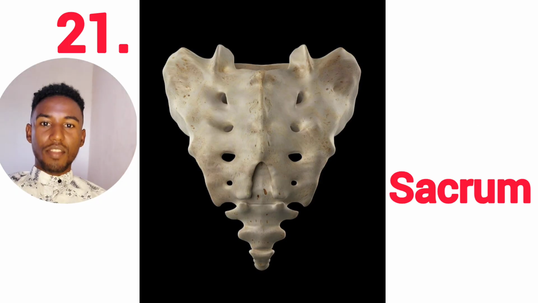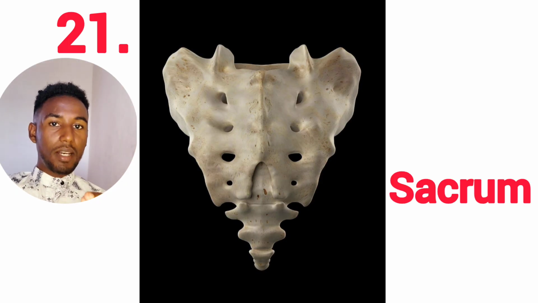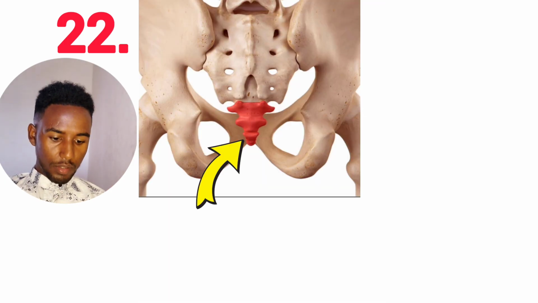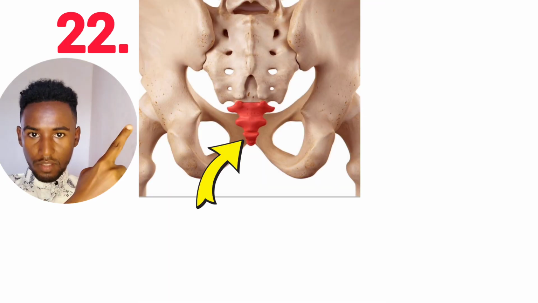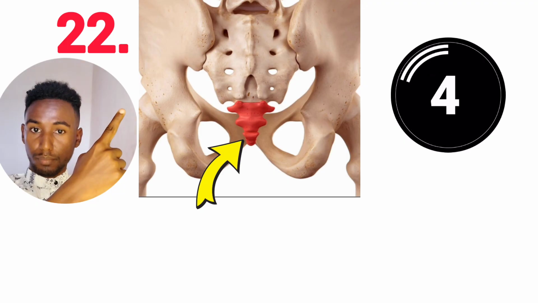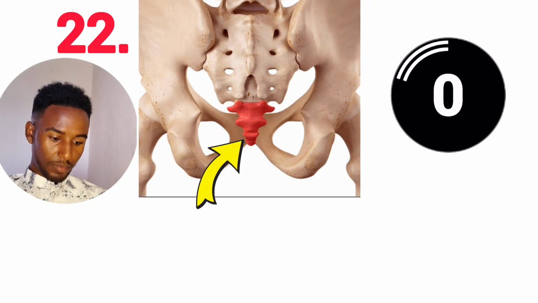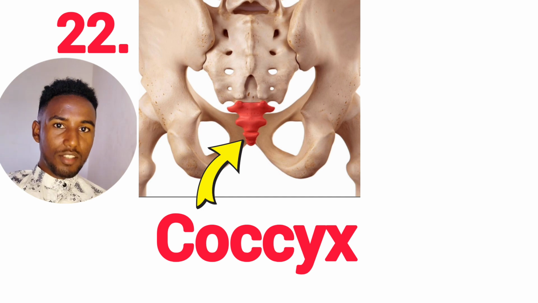It is the sacrum. Sacrum connects the spine to the pelvis. Question number 22. Can you name this bone? It is the coccyx bone. We call it the tailbone.